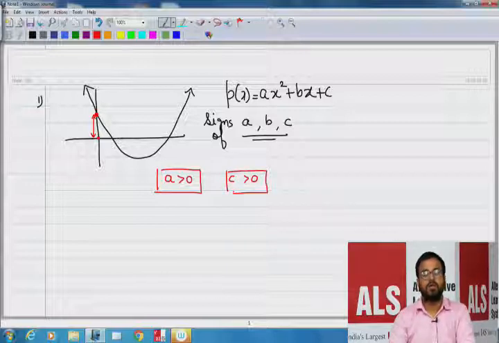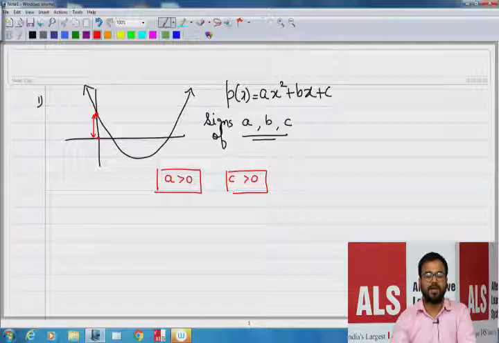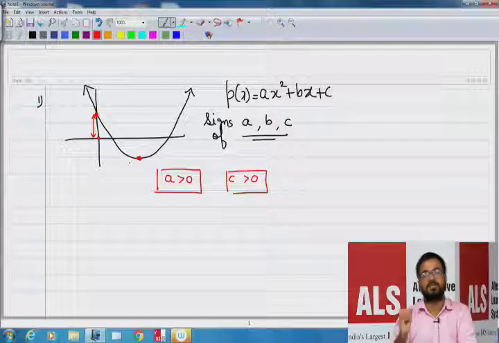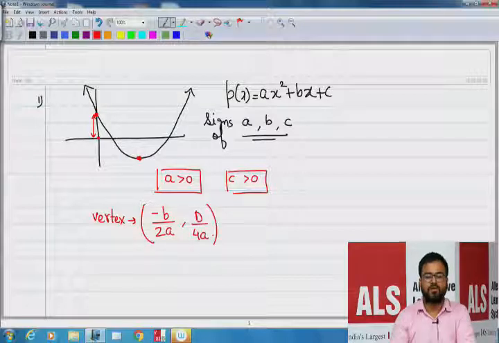Now talking about b, the value of b you can figure out by the vertex of the parabola. This is the vertex over here. And if you remember, we have discussed that the coordinates of the vertex are minus b by 2a, comma D by 4a.